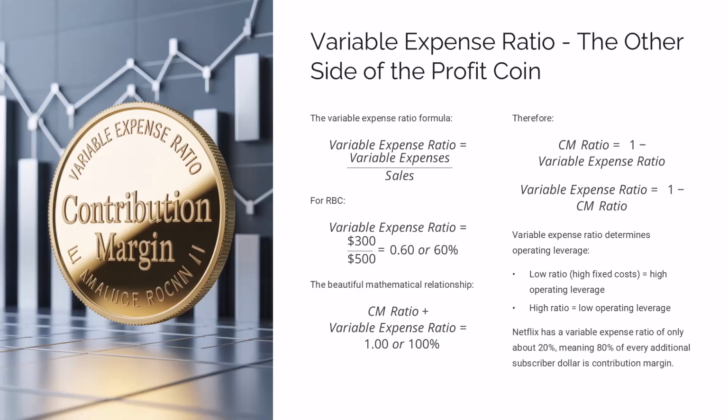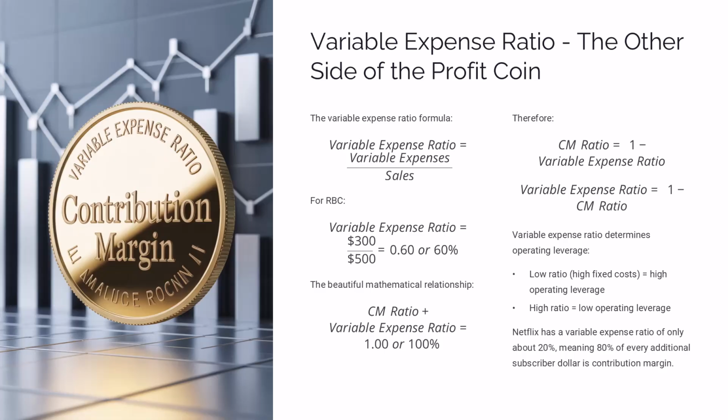This relationship is so fundamental that it's literally the first thing venture capitalists calculate when evaluating a startup. Because if your variable expense ratio is 90% like in grocery stores or gas stations, you need massive volume to make money. But if it's 10% like in software companies, you can be profitable with relatively few customers, which is why VCs love SaaS businesses and avoid retail.